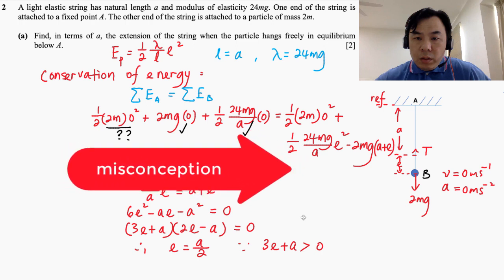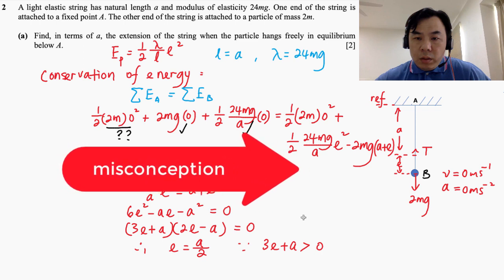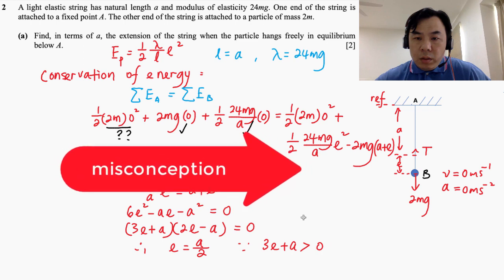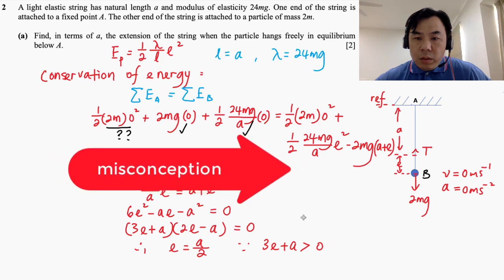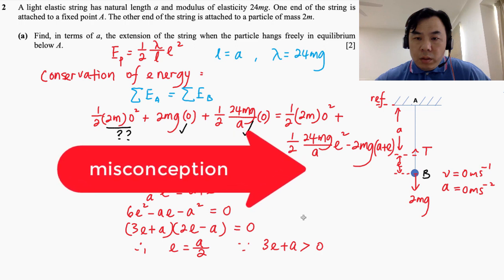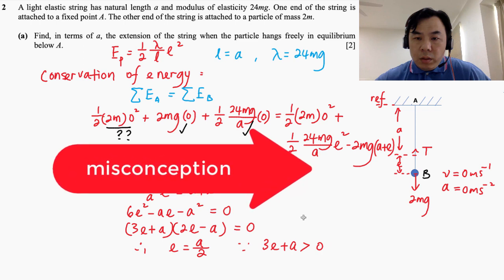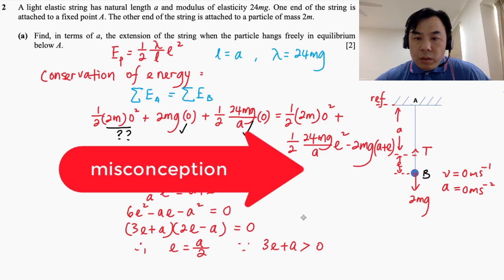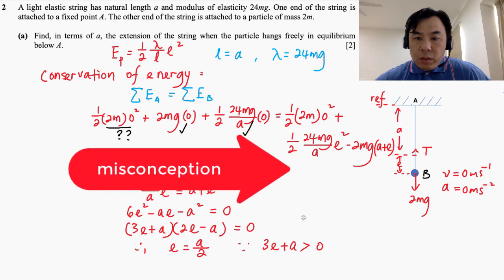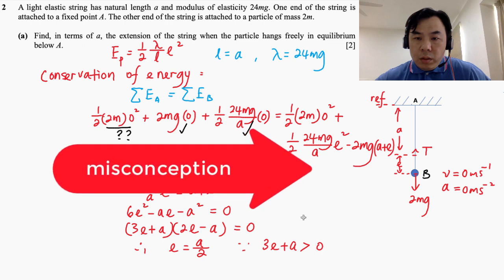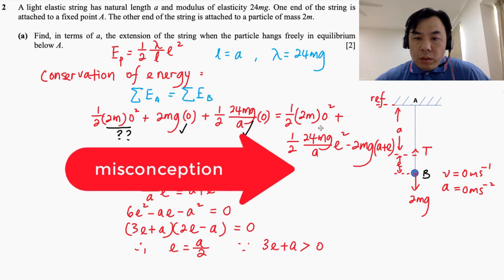So once it is in equilibrium, then we are going to apply Newton's second law there. So the correct way to solve this is by using Newton's second law at the conditions of equilibrium here. We shouldn't be using conservation of energy here, because if you use conservation of energy, what is stated here is the extension would be half a A if it was released from rest, and when the object has reached instantaneous rest, which we also make an assumption here.